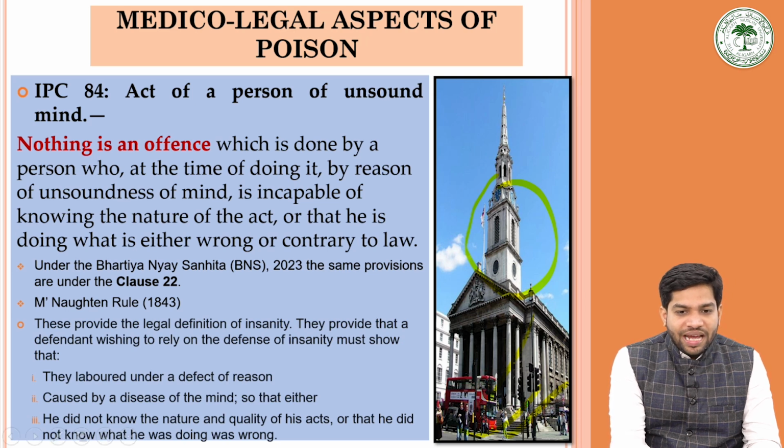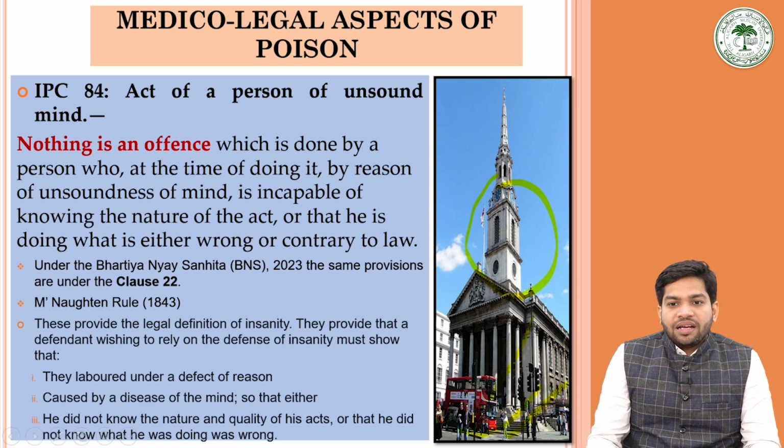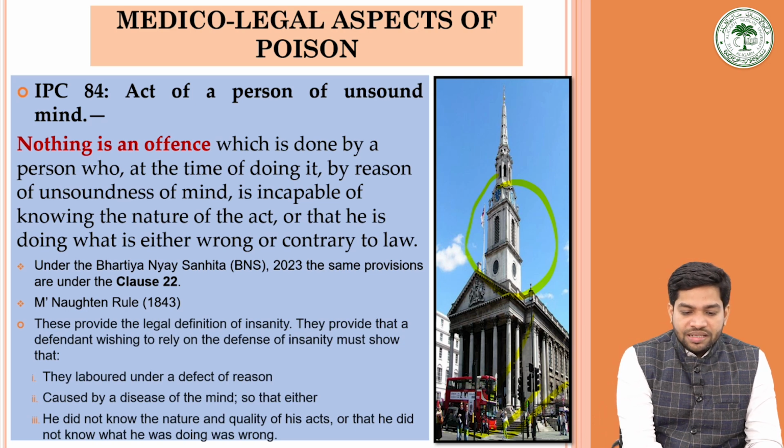So based on that, they had come up with certain rules, and to rely on insanity they had to satisfy the following test. What test? These provide the legal definition of insanity.